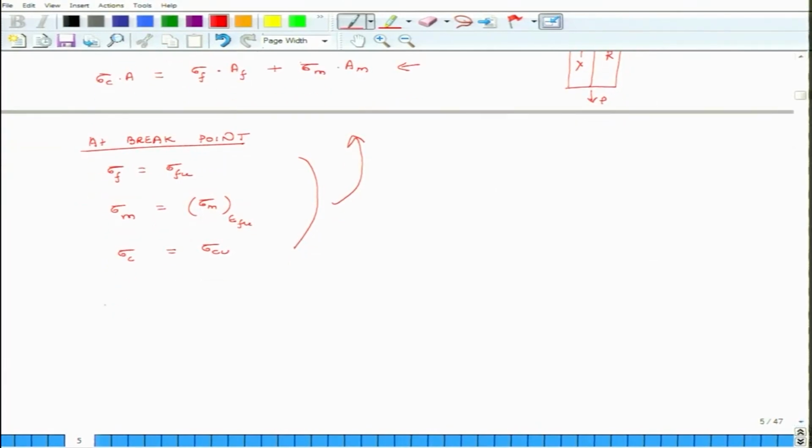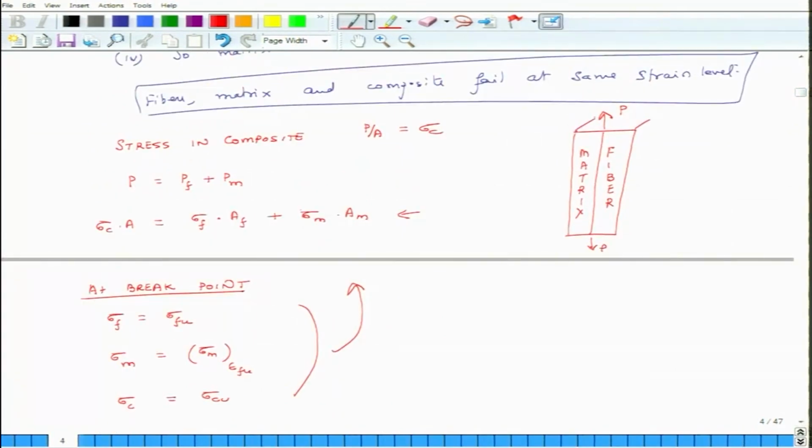So, I put all these things in the above expression. I get sigma Cu times A is equal to sigma Fu times AF plus sigma M evaluated at breaking strain of the fiber times AM. What is A? A is the cross sectional area of the composite. AF is the cross sectional area of fiber, and AM is that of the matrix.